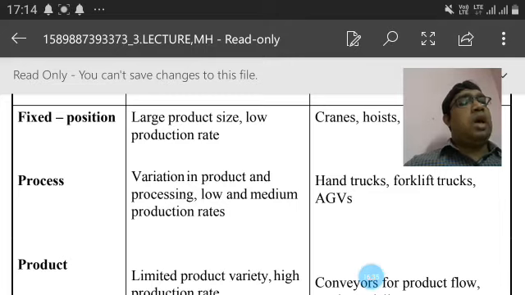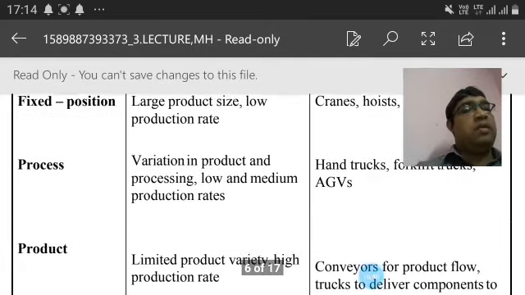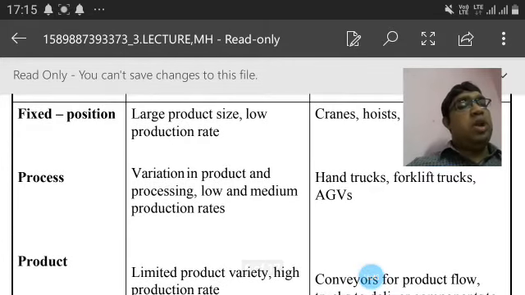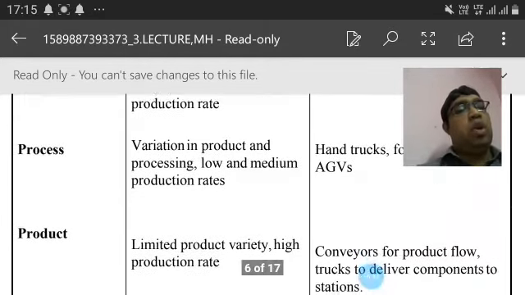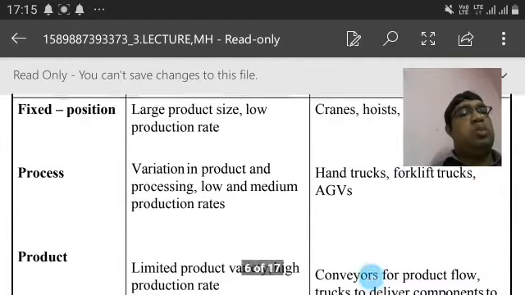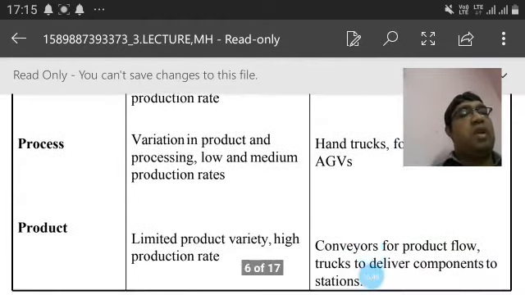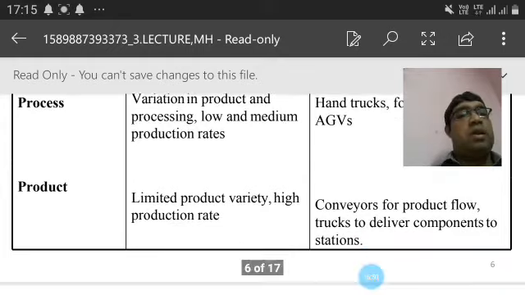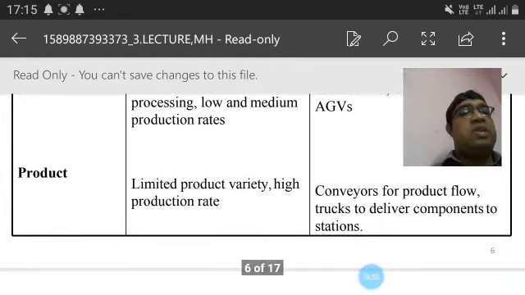Different ISO quality standards and quality assurance will also be given. Low and medium production rate equipment will also be there, such as hand trucks and forklift trucks, for limited product variety with high production rate.